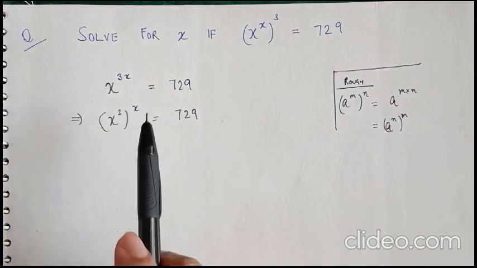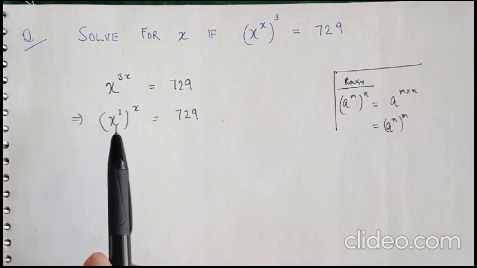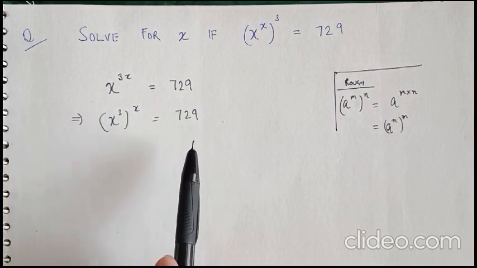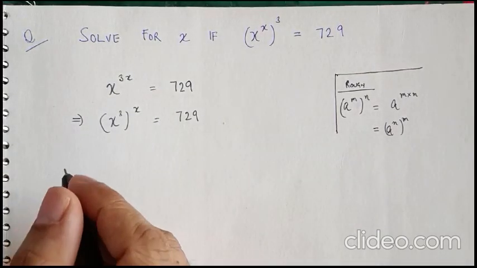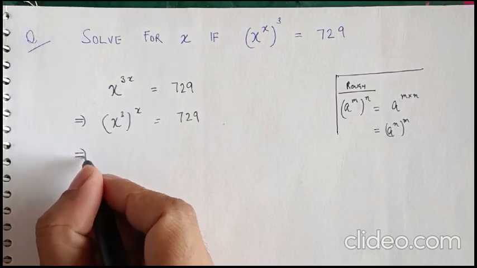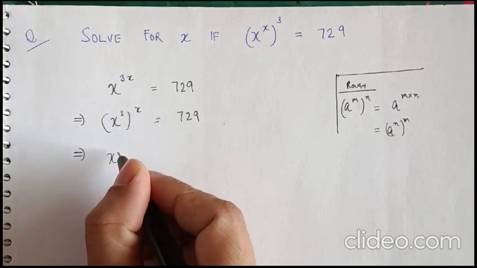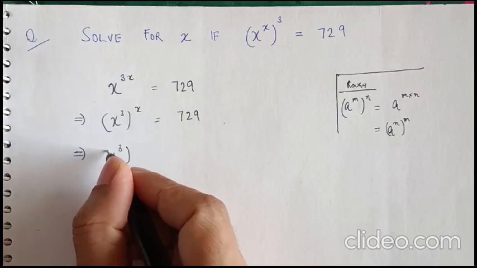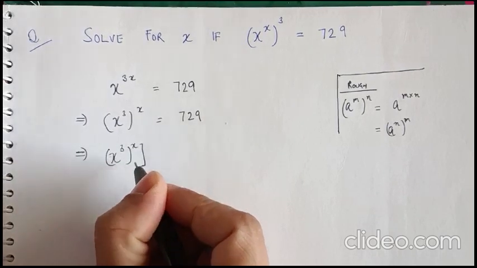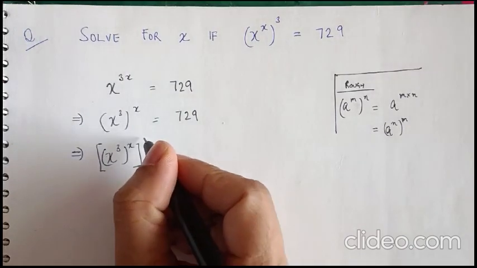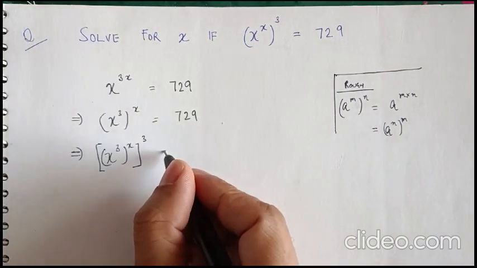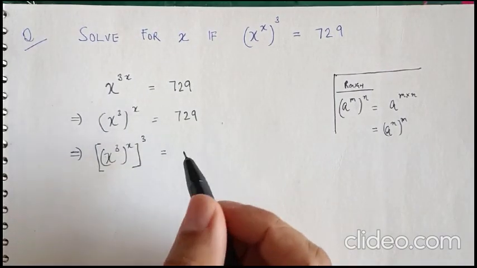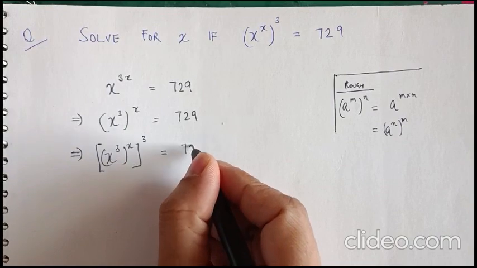What we now do is we will raise both the left hand side and the right hand side of this equation to the power of 3. So we'll say x to the power of 3 to the power of x, we raise this entire expression again to the power of 3. Since we have raised the left hand side to the power of 3, we have to do the same to the right hand side as well.